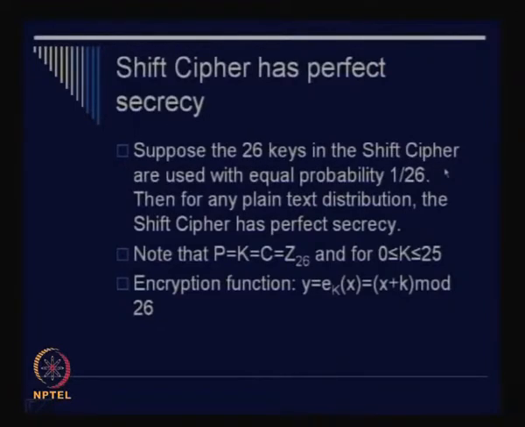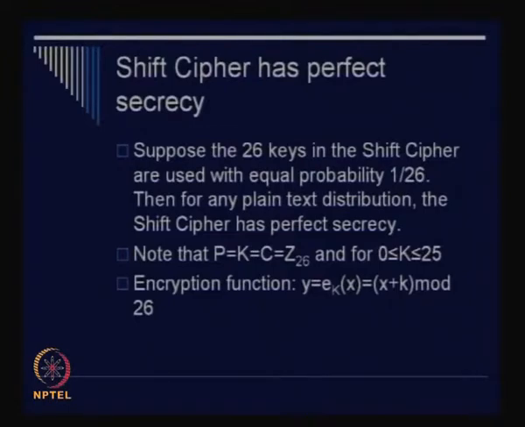That means each key occurrence has a probability of 1/26. Then for any plain text distribution, the shift cipher has perfect secrecy. So we are not bothered about the plain text distribution, and we can still achieve perfect secrecy. Do you see how?